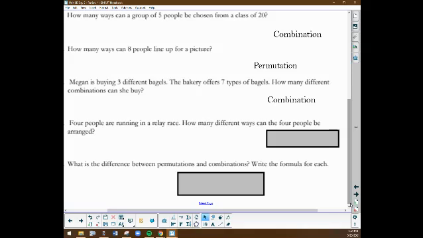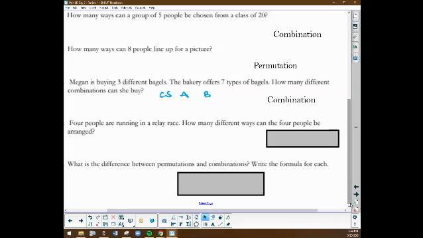She's buying 3 different bagels, and there are 7 types. Let's say you get the cinnamon sugar, which is what I like, and you get the Asiago, and then you get the blueberry. You have those 3 bagels, right? They're in your bag, and it doesn't matter if you bought the blueberry or the cinnamon sugar one first or the Asiago one last. You have all 3 of those, so it's a combination.